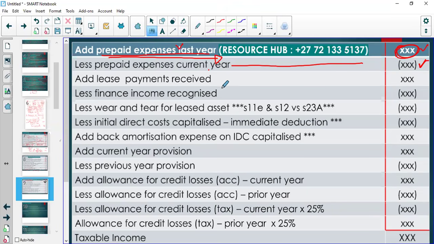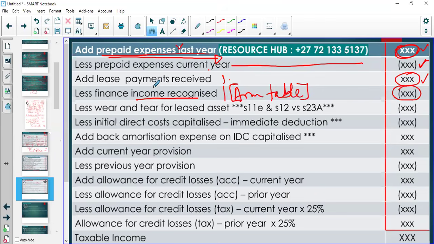Then lease payments received. Because they said we're going to do the lessor, any lease payments received, the actual payments received will be included. Okay, but the finance income recognized using the amortization table, where we calculate the interest rate implicit and all that stuff, that should be excluded.